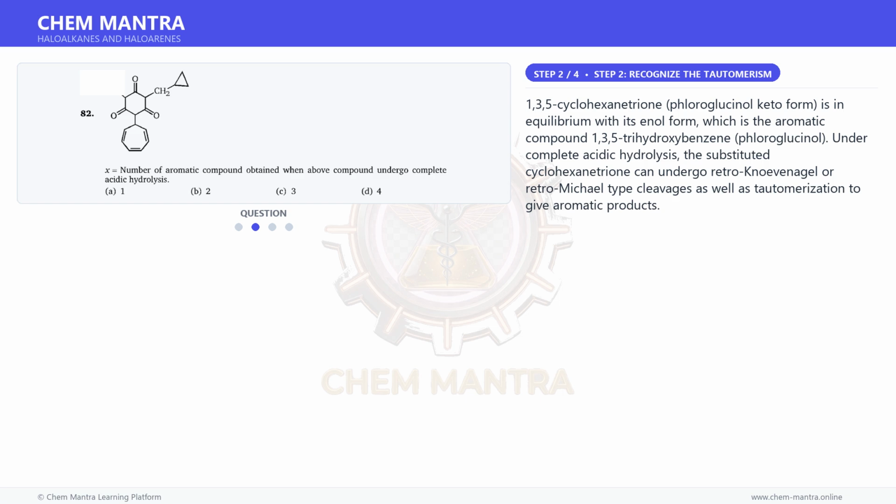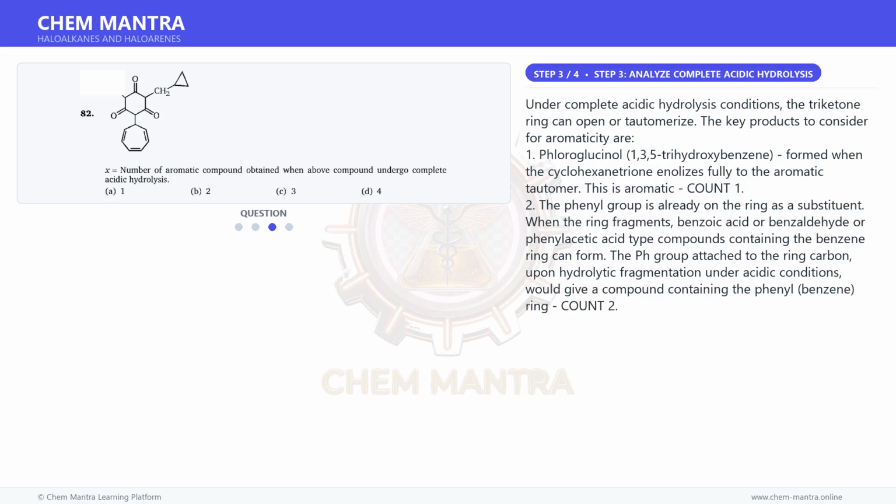Under complete acidic hydrolysis, the substituted cyclohexanetrione can undergo retro-Knoevenagel or retro-Michael type cleavages as well as tautomerization to give aromatic products. Moving on to the next step.